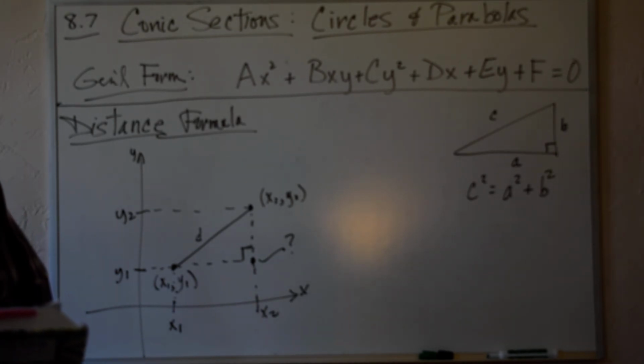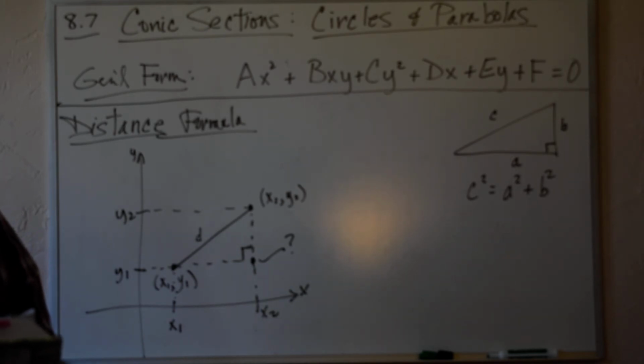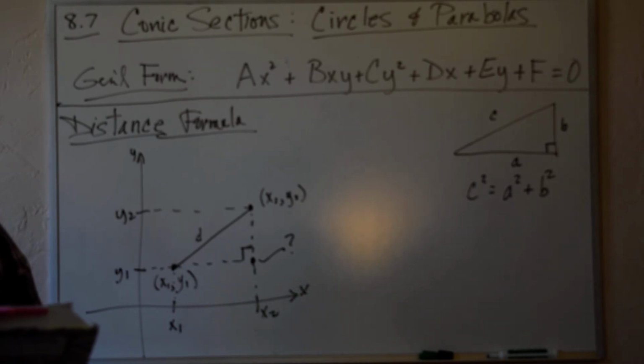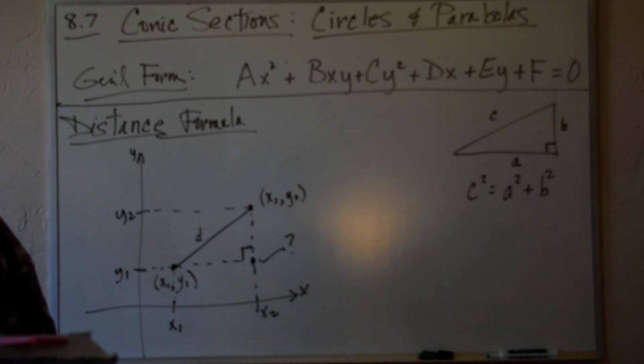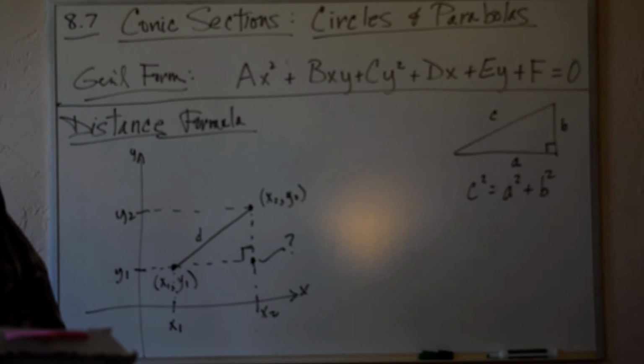It's a cone standing on itself. Two cones standing point to point. Now, if you can visualize a plane slicing through those cones in different ways, you can come up with a parabola, a circle, an ellipse, and a hyperbola.